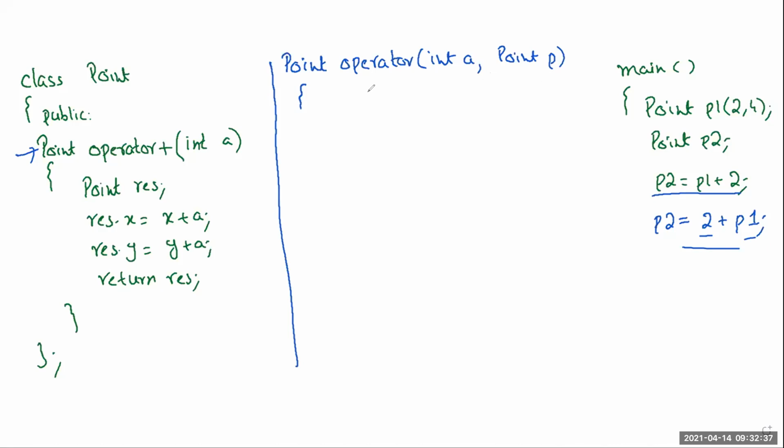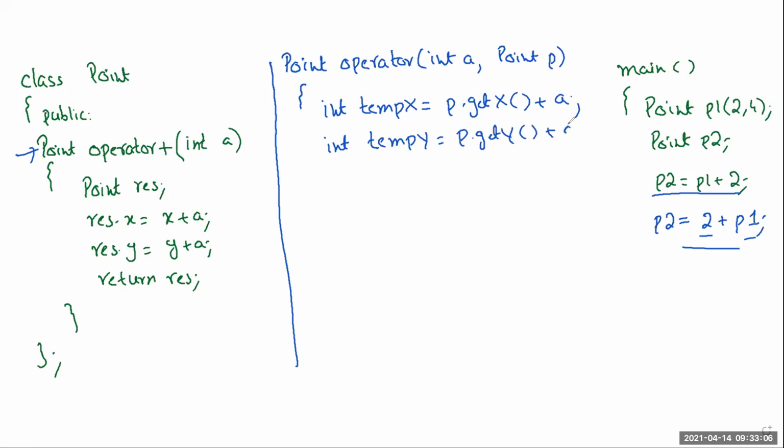And within the body we can do something similar. So I can write int temp x is p dot get x plus a. Why get x? Because this is a non-member function, we cannot directly write x with the dot operator. Temp y is p dot get y plus a.